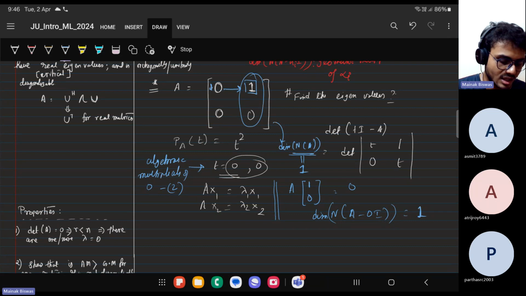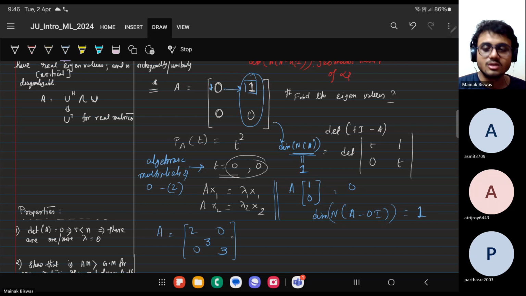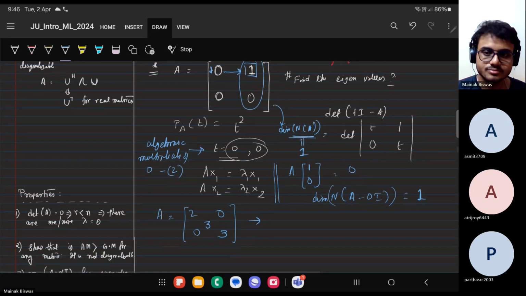For example, if you are given a matrix A equal to 2, 3, and 3 as your matrix, what are the eigenvalues here? You're told to find the eigenvalues. They will be 2, 3, and 3.